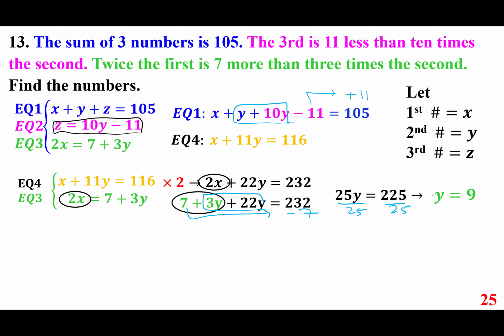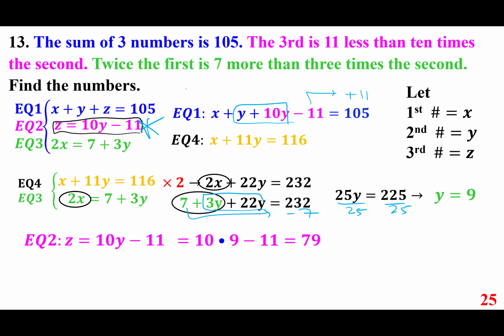So if y is 9, look, equation number 2 will help us find z. 10y, that means 10 times 9, minus 11, that's 79. So we got y as well as z.